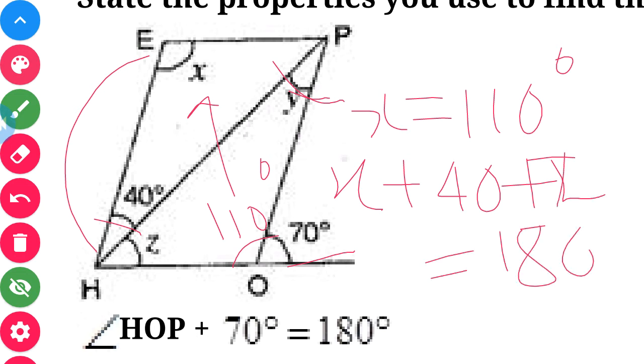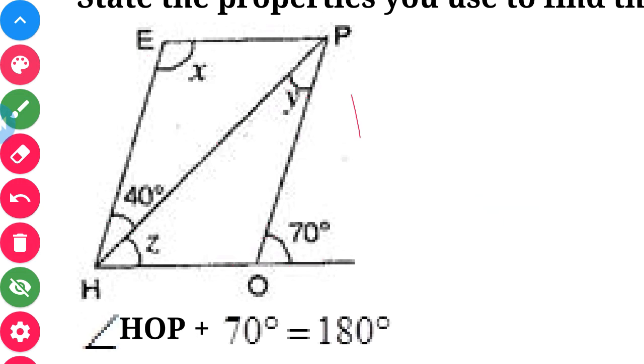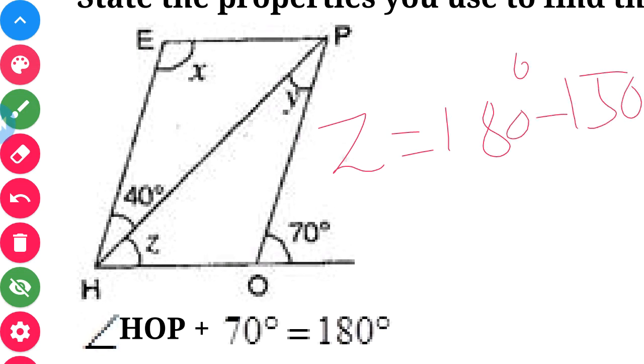180 degree. Okay, so here x is known, that is 110. So I'll substitute: 110 plus 40 becomes 150, and 150 plus z. So if I want z, it becomes z is equal to 180 minus 150, because 110 plus 40 is 150. So my z is equal to 30 degrees.